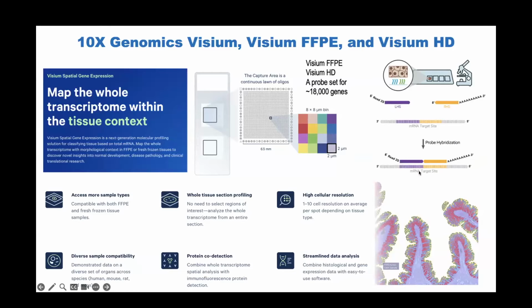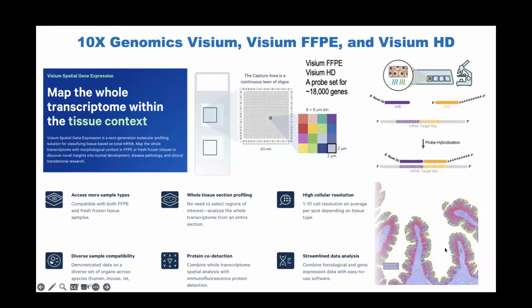And then once you release this probe, you can use the same chemistry on the same device, used for the poly A messenger capture, to capture those probes, and then you synthesize the complementary DNA out of those probes and sequence to do genome scale, in this case over 18,000 genes for both human and mouse tissue specimens.